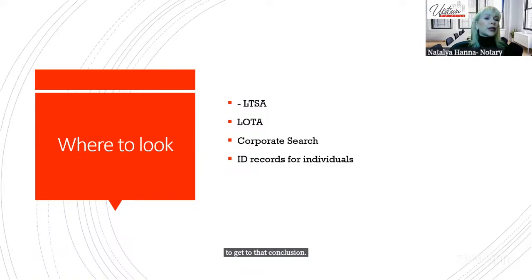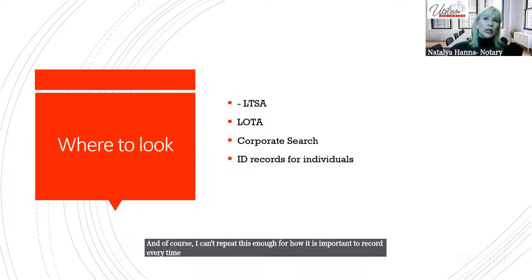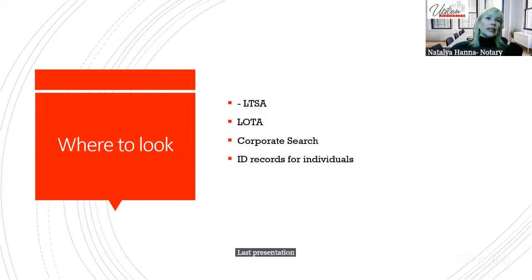If we deal with a corporation, definitely it's a corporate search. And of course, I can't repeat enough how important it is to record the IDs for your clients every time, right? In my last presentation, I told about the case where a real estate agent had a very fast transaction. He didn't record the IDs.